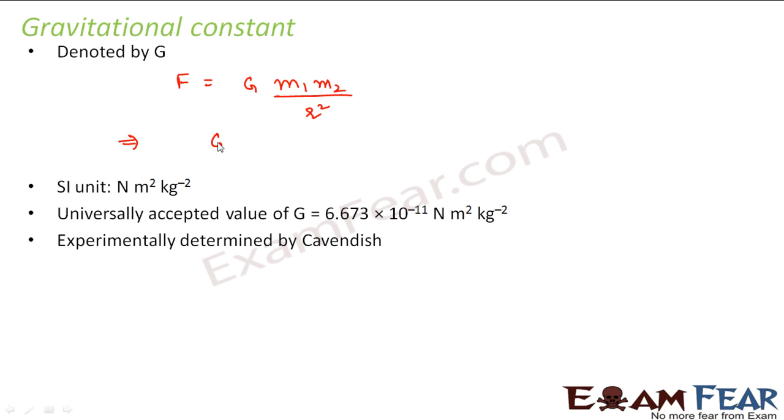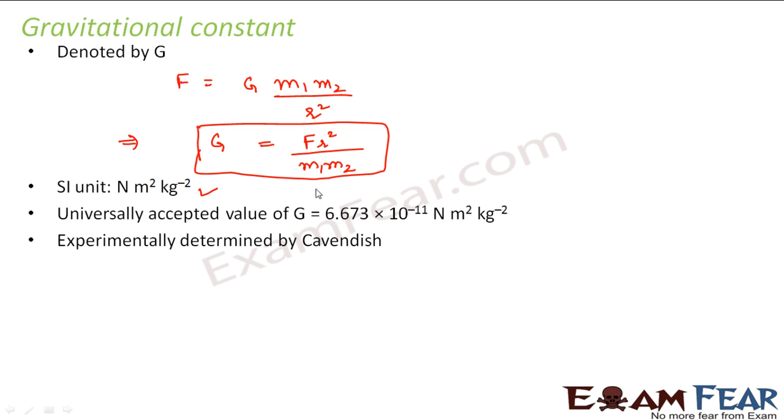From this we can say G is equal to F r square divided by m1 m2. From this we can derive the unit of the gravitational constant. Force is in Newton, r is distance, that is meter, so Newton meter square per kg square, because for mass it is kg. So this is the SI unit of the gravitational constant.